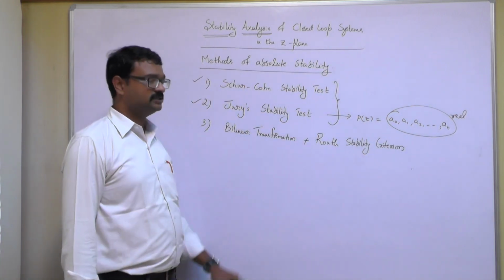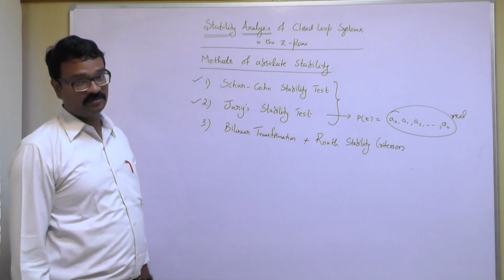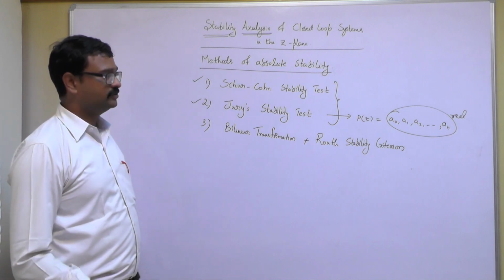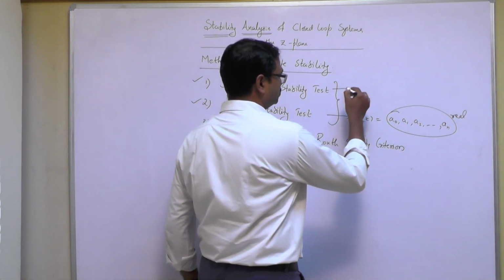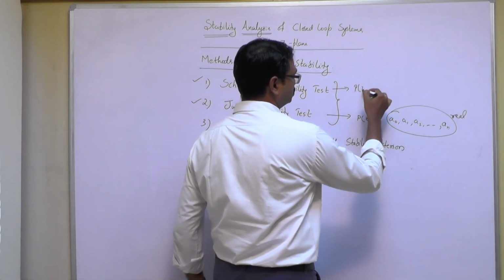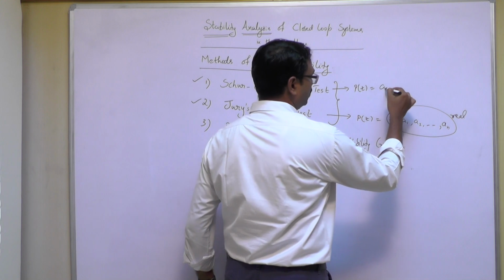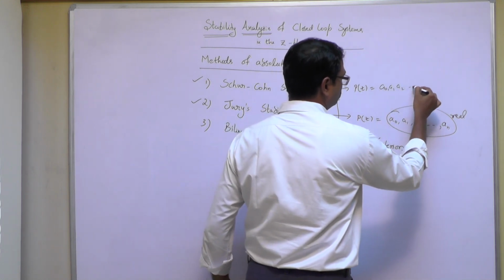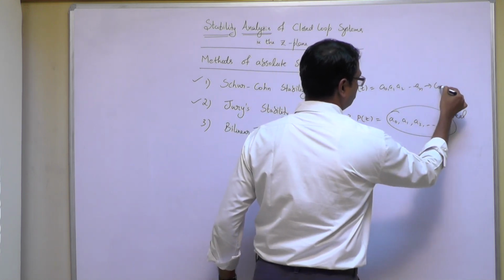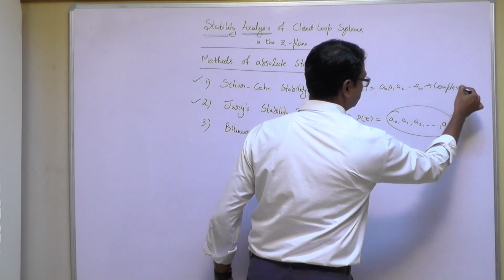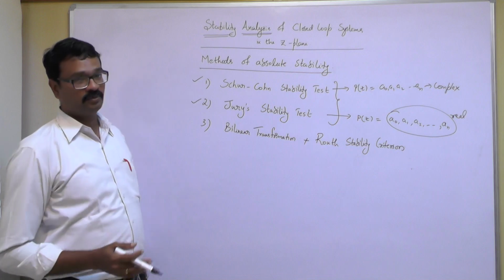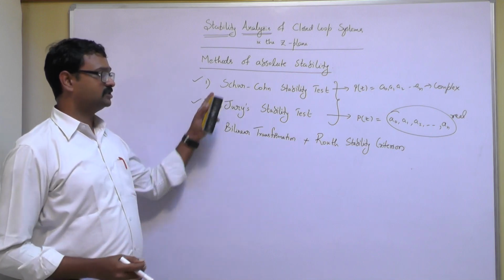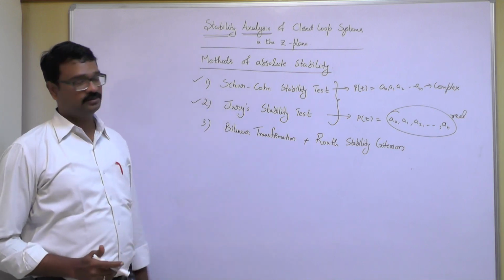In this Jury stability test, we can determine stability from the real values of the coefficients of the characteristic equation. Whereas in the Schur-Cohn stability test, for P of z, with a0, a1, a2, an, a few of these might be complex in nature. Therefore, computations are more and more difficult in the Schur-Cohn stability test compared to the Jury stability test.